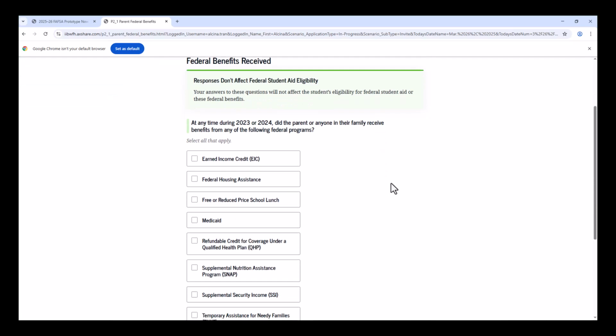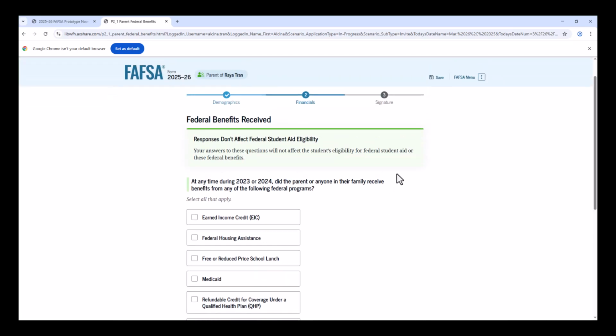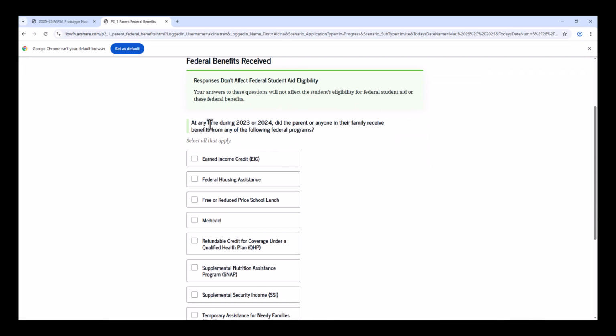Okay, so the first section that it is bringing us to is the federal benefits received. So it is asking, at any time during the 2023 or 2024 year, did the parent or anyone in the family receive benefits from any of the following federal programs?